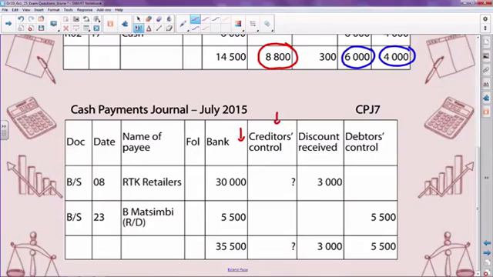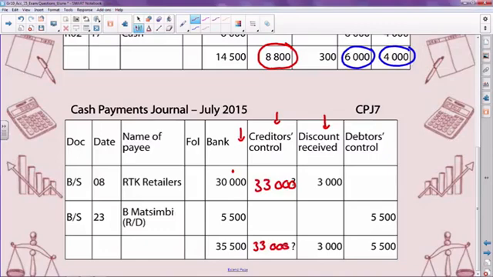Here, this amount paid to RTK retailers, we've paid them 30,000. But now, they gave us a discount of 3,000. So therefore, we have a decrease on our account of 33,000. And what do I do with this column? I need to add it here, and there you will get 33,000 Rand.